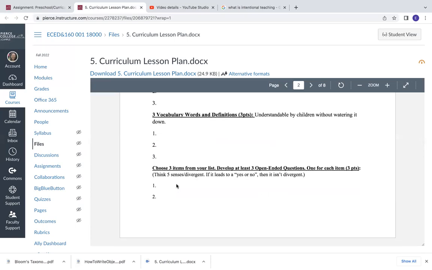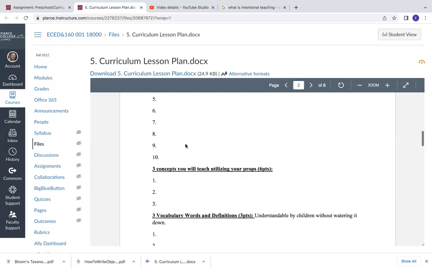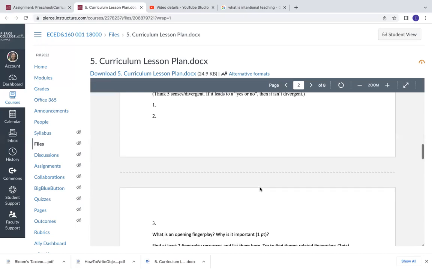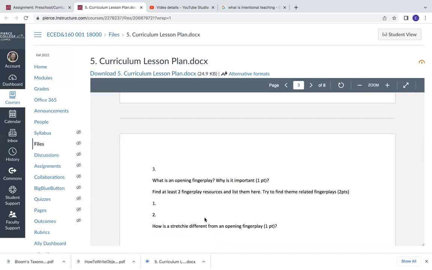Choose 3 items from your list of props, and you're going to have at least 3 open questions around them. How do you use these cutting tools to create a jack-o'-lantern? Okay, then you're going to have at least 2 finger play resources.